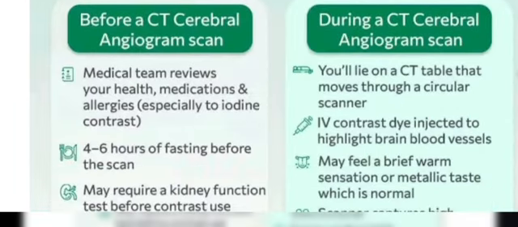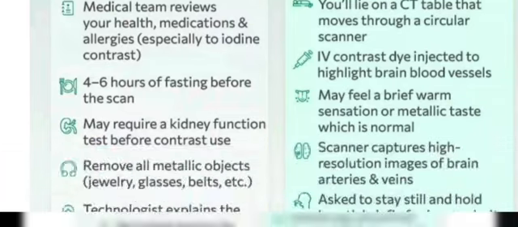So next we will look at the indications. The indications are to diagnose aneurysm, arteriovenous malformation, stenosis, blood clots, brain tumor with blood supply, causes of stroke, and brain hemorrhages. Then the contraindications.